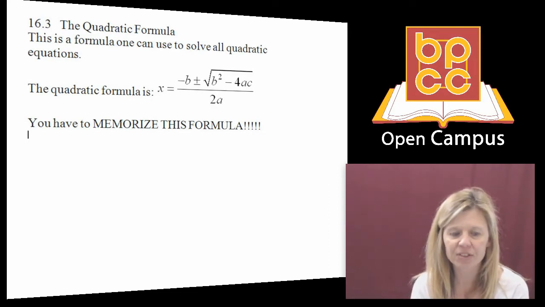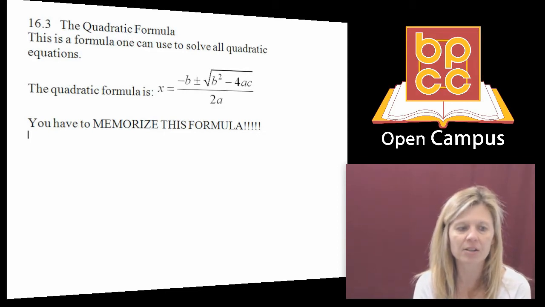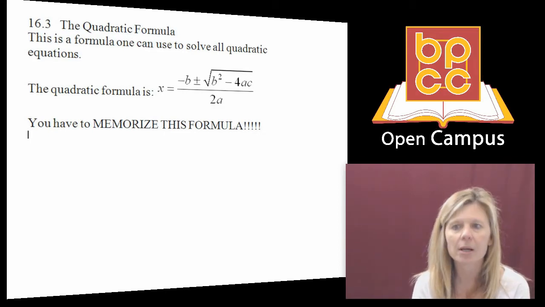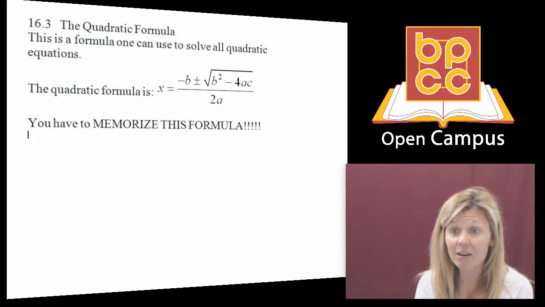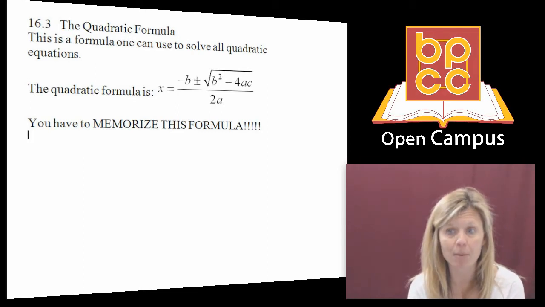Let's try again. Sing it with me. X equals negative b plus or minus square root b squared minus 4ac all over 2a. I guarantee if you sing that enough times, you'll have it memorized.